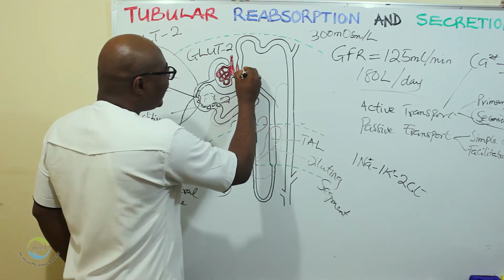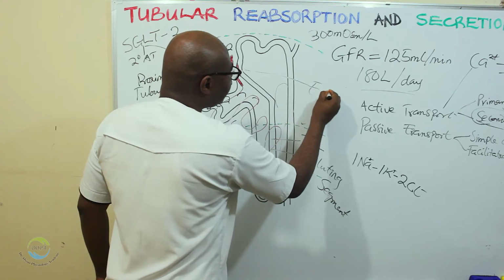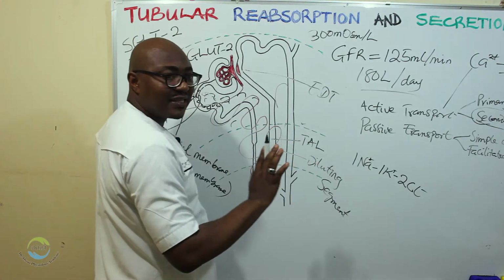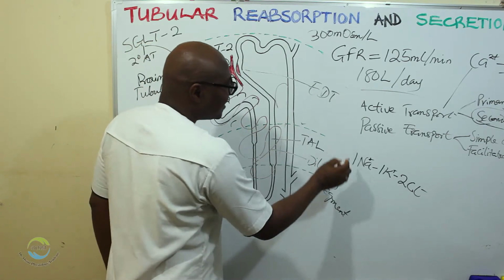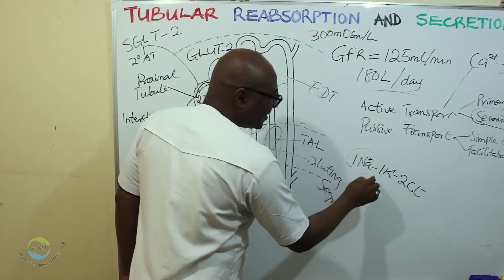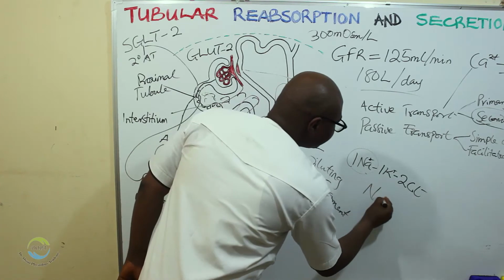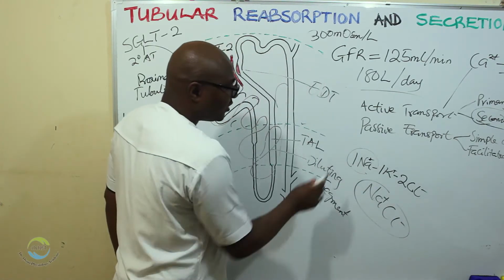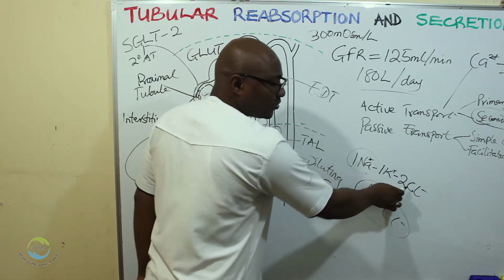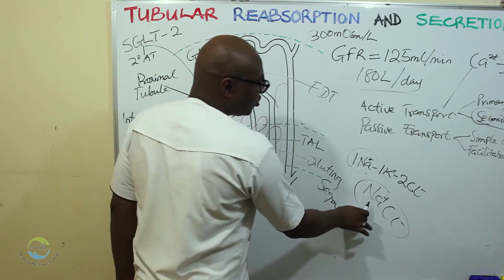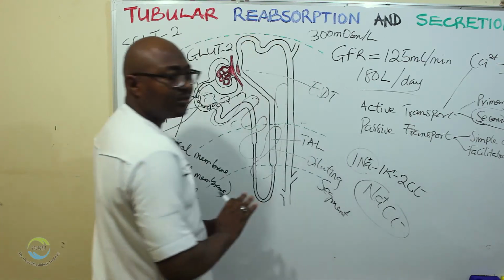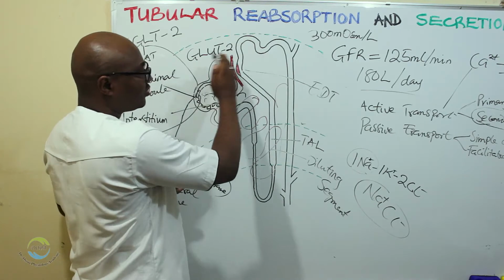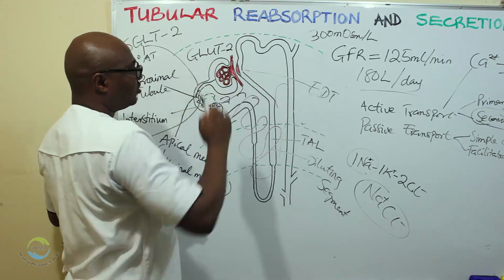So the early distal tubule, the only difference it has with the thick ascending limb is that what transports sodium is different. It's just the sodium chloride transporter. Instead of the 1 sodium, 1 potassium, 2 chloride transporter, it's just the sodium chloride transporter. Okay? That's what transports sodium into this.